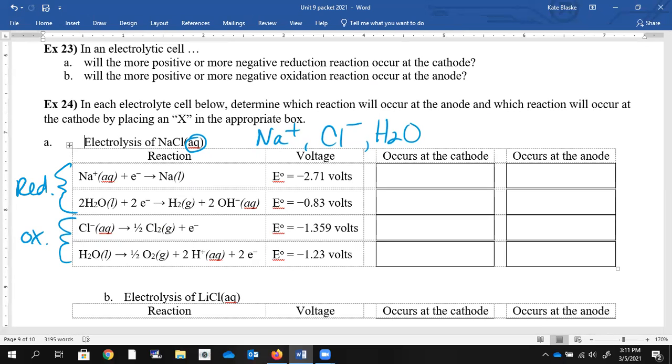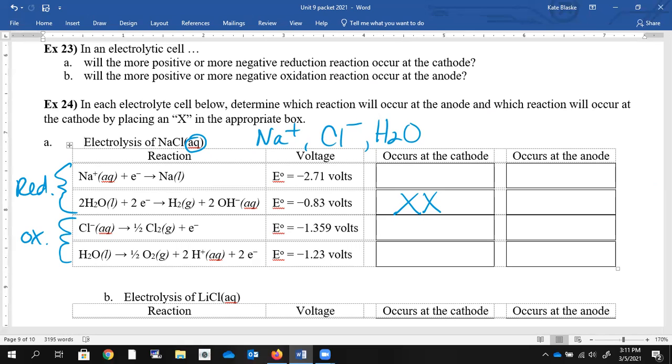So remember, when we talked about our reduction potential chart, we talked about how the half reactions higher up on that chart, or with the more positive reduction potentials, were more likely to be reduced. So out of these two choices, water is actually more likely to be reduced than sodium is. So that's going to be what happens at the cathode. Reduction happens at the cathode. Remember, An, ox, and red cat. So I'm not actually going to get sodium to be reduced.